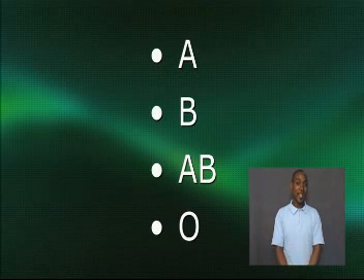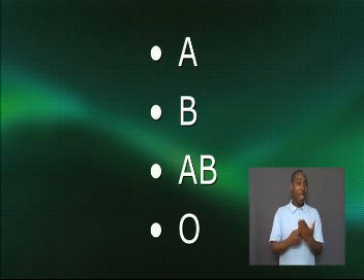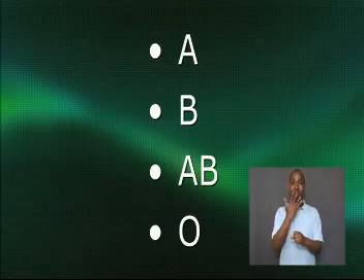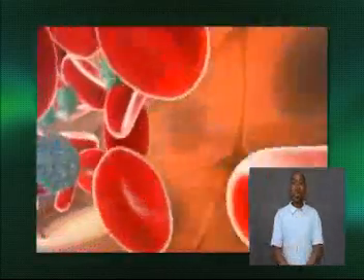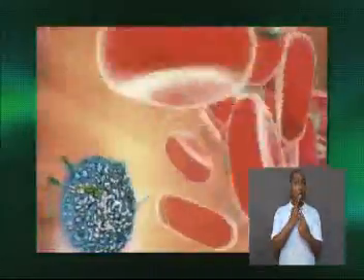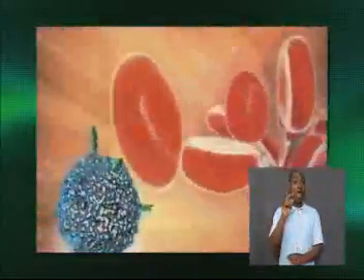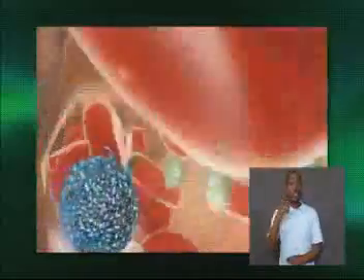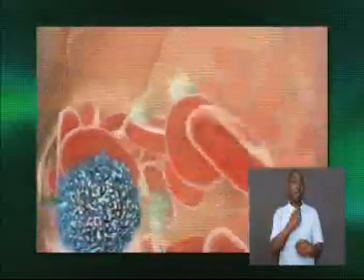This disrupts the functioning of the red blood cells. A special protein called an antigen is found on the surface of the red blood cells. This protein determines the different human blood groups.